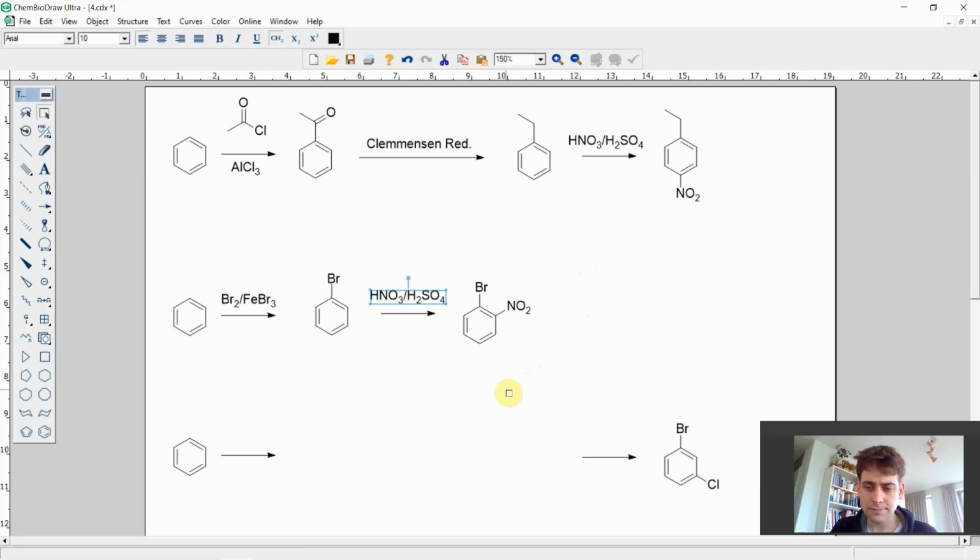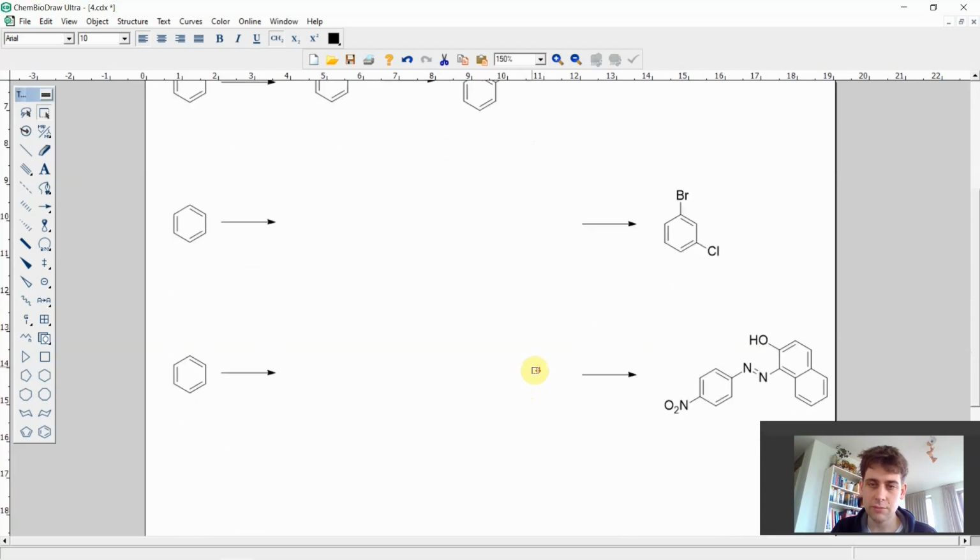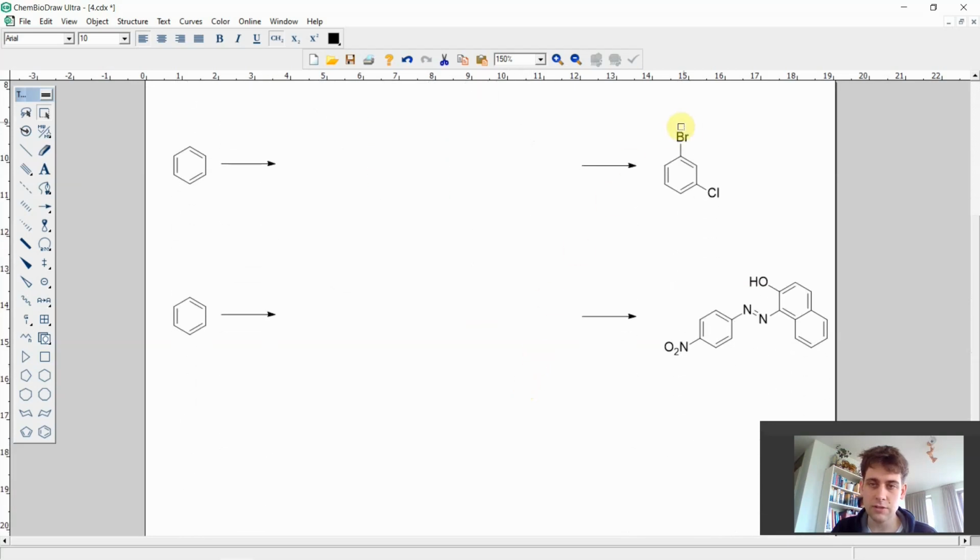The third reaction is this chloro and bromo substituted, this meta substituted bromo-chloro benzene here. And the trick here is that we need to take a little bit of a detour, because either we can first introduce our bromo substituent, or we first introduce our chloro substituent.